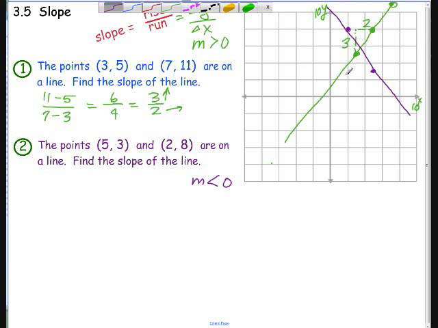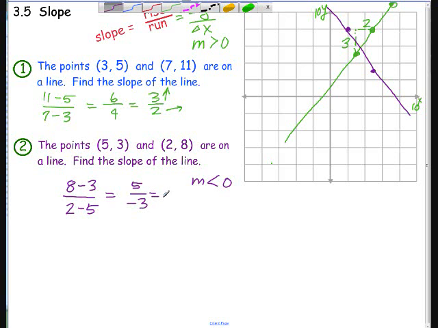What is the slope of this line? It is the rise over the run. We're going to say 8 minus 3, which is going to be a 5. And we always have to go in the same direction. If I said 8 minus 3, then I have to say 2 minus 5, so a negative 3.